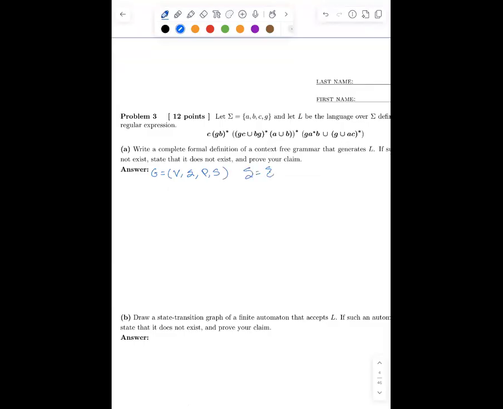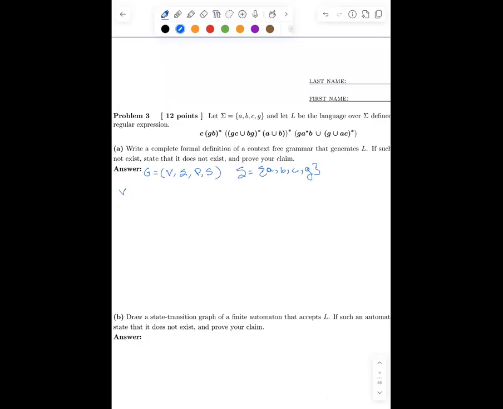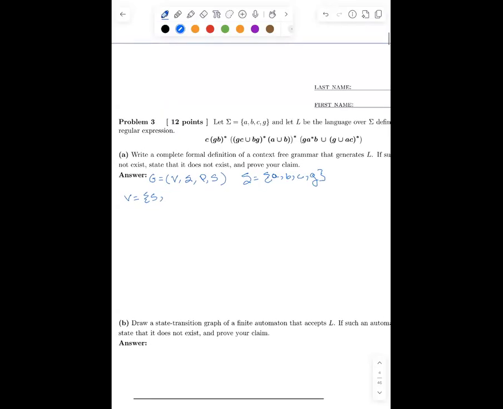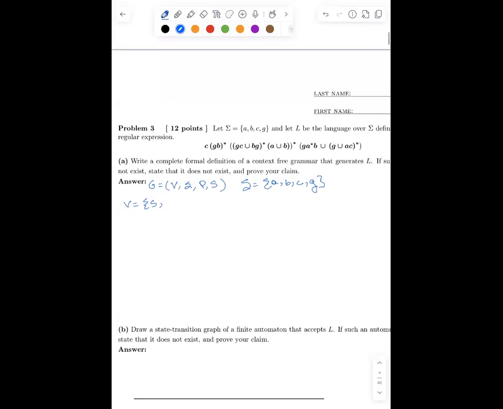My sigma is, I'm using the letters A, B, C, and G. And then for V, we complete it as we go. But first, I will have an S for sure. Then I need to name the states here. I can use this as a B, as an A. I can use this B and B.